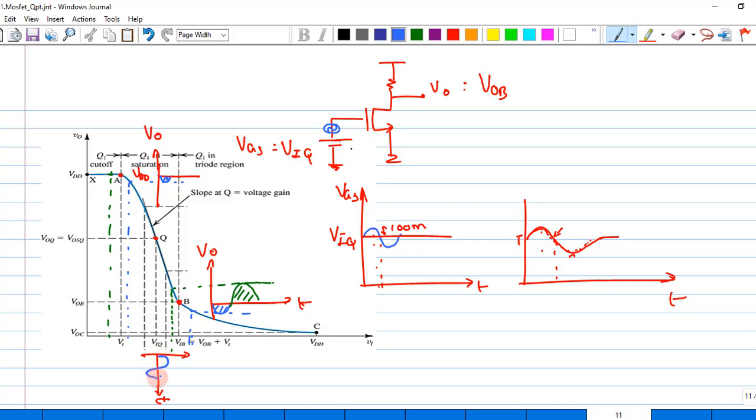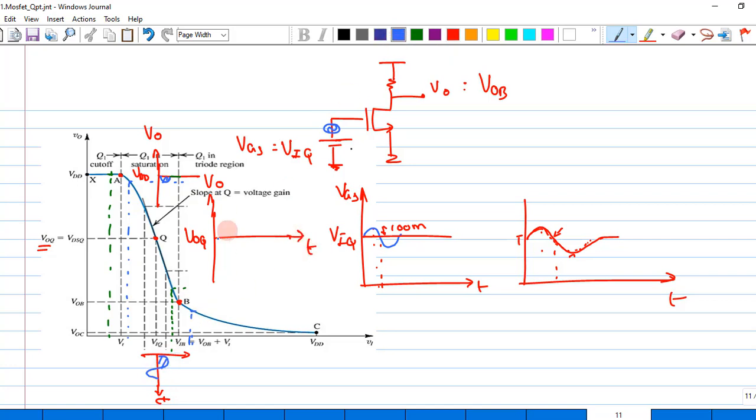Again, I will have a positive cycle and a negative cycle. Let me draw the Q point at the output as well. The corresponding Q point at the output is given by this VOQ. I write that here, and this is my output axis, again with respect to time.